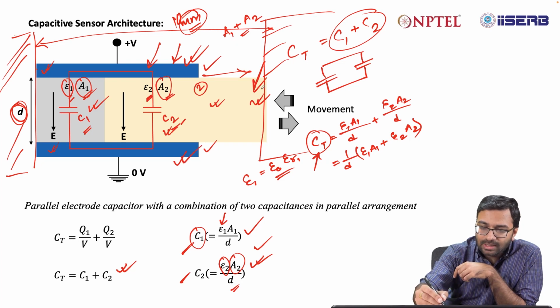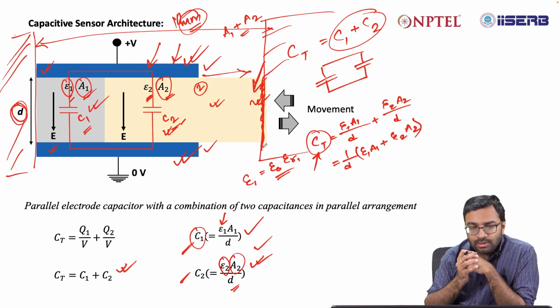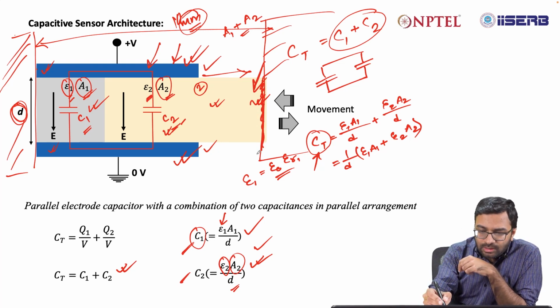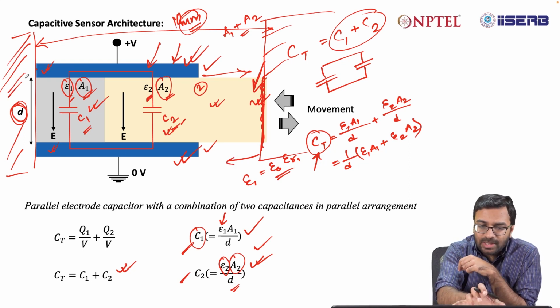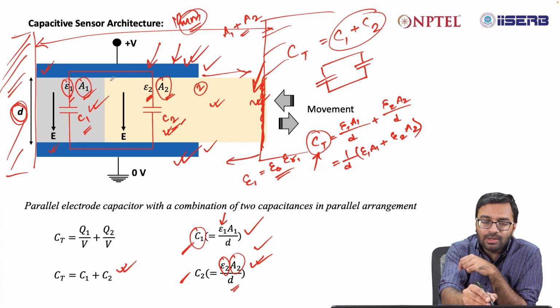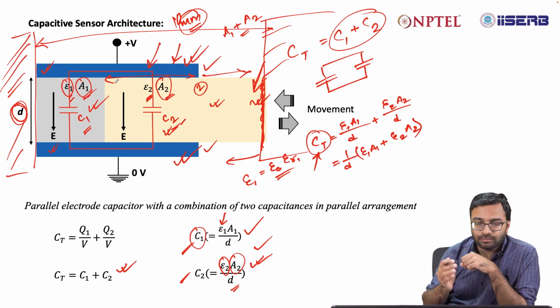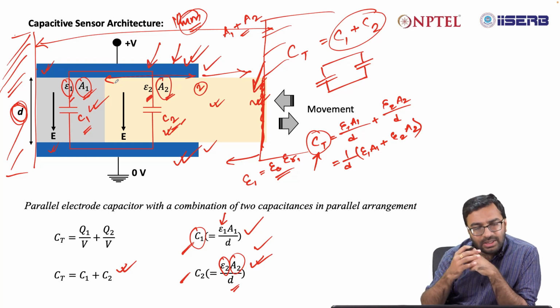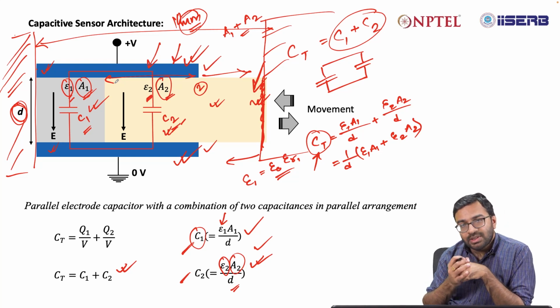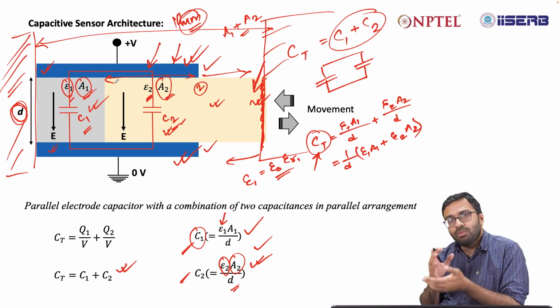So you can use a similar structure. You connect a dielectric material with one end of the movable part of the machine, and if this machine comes closer to the fixed part, then the capacitance will change, and from that you will get to know the distance. This is one application, but the similar architecture can also be used for several other applications.